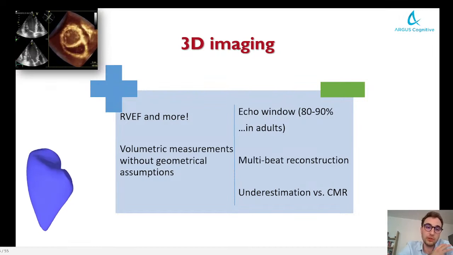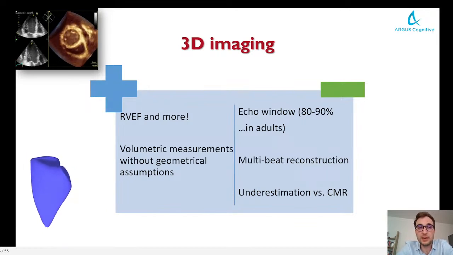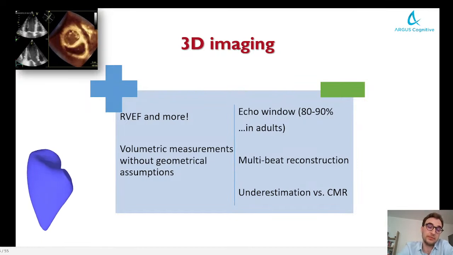So we have real volumetric measurements, which is a huge pro for three-dimensional imaging, especially for the right ventricle, because the complex geometry of that chamber does not allow us to use easy formulas like the Simpson method for the left ventricle. However, we have some disadvantages.